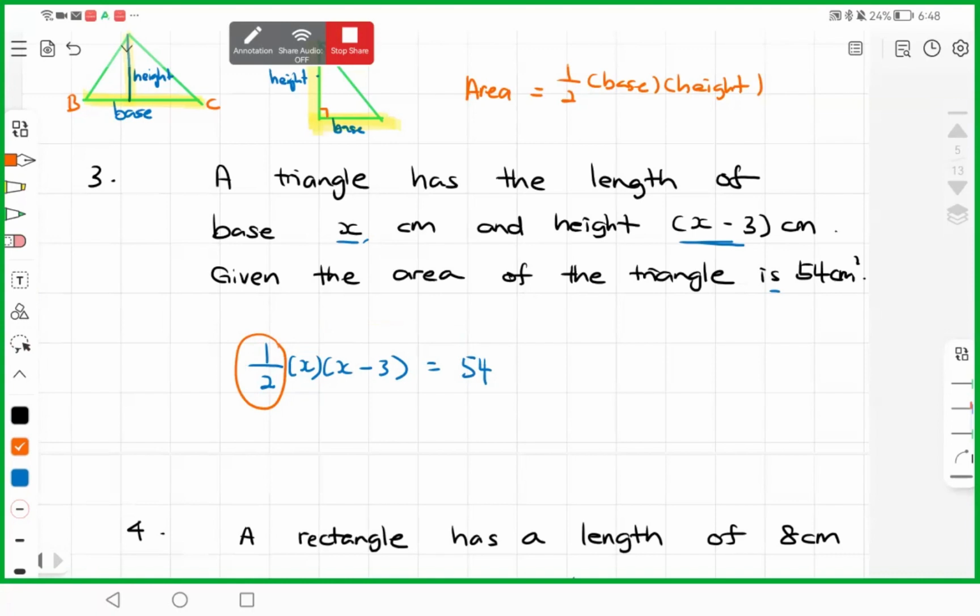So in front, the balance is only x times x squared, or I just write first, wait. 54 times 2, so we get 108. Then only we times in x squared minus 3x, bring 108 in front, then equal to 0.